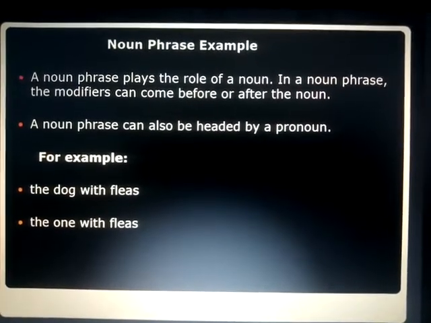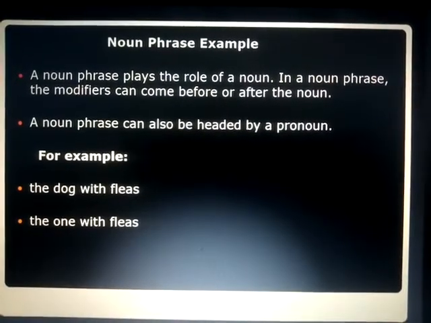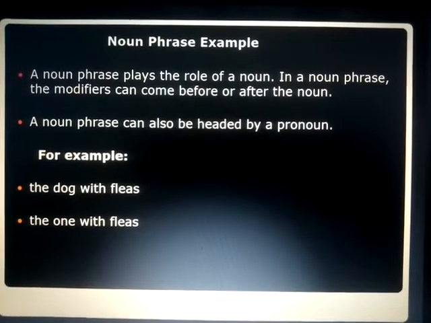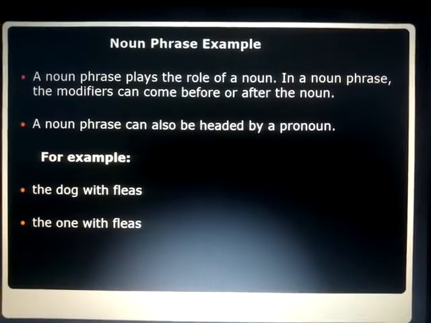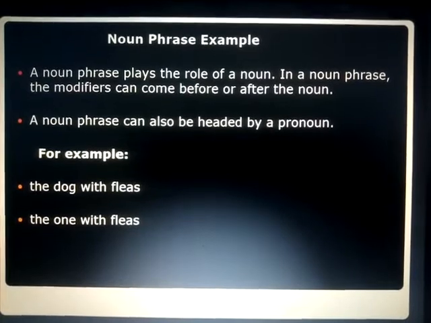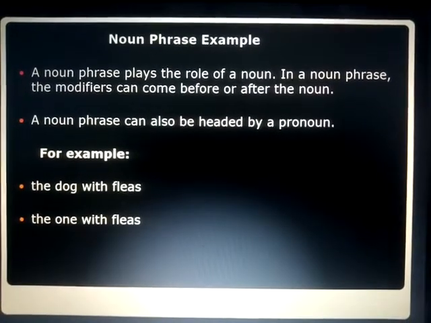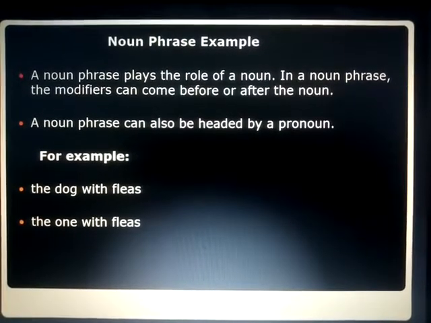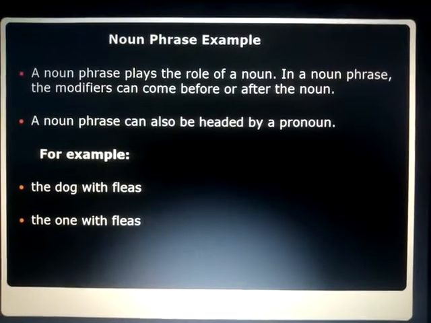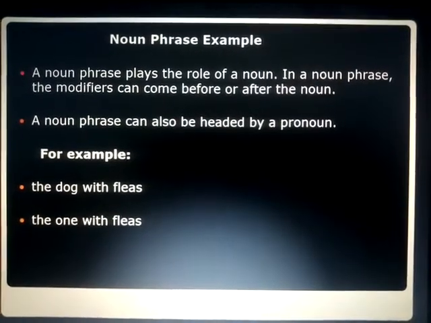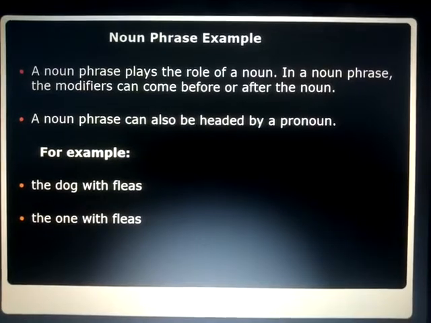In a noun phrase, the modifiers can come before or after the noun. A noun phrase can also be headed by a pronoun.